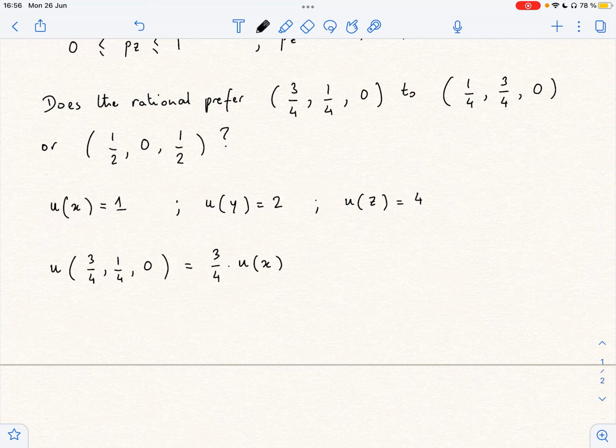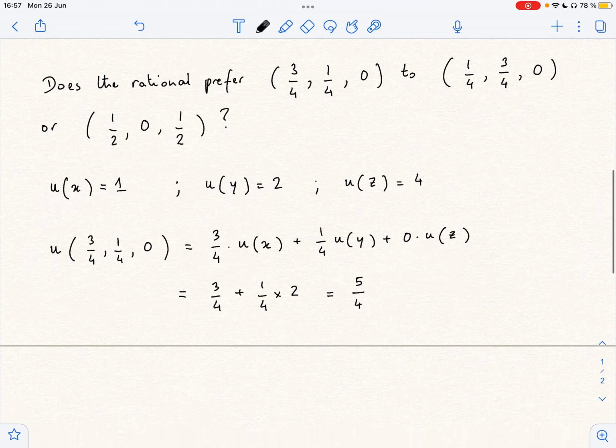So it's 3/4 times u of x plus 1/4 times u of y plus 0 times u of z. In other words, with probability 3/4, I get the utility from x, which is 1. With probability 1/4, I get the utility from y, which is 2. And with probability 0, I get the utility from z. So in total, this is 5/4, right?